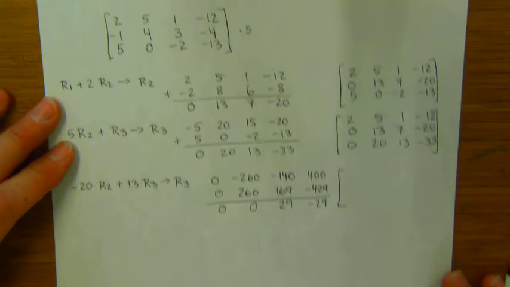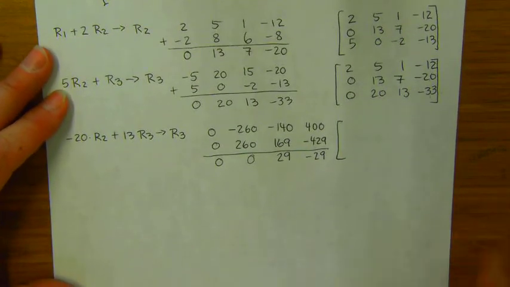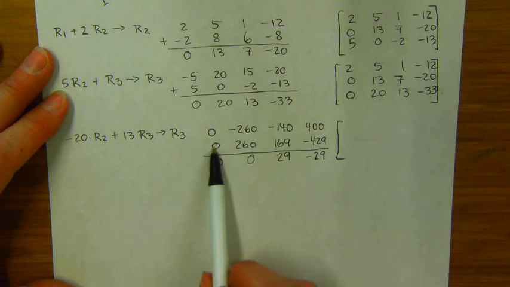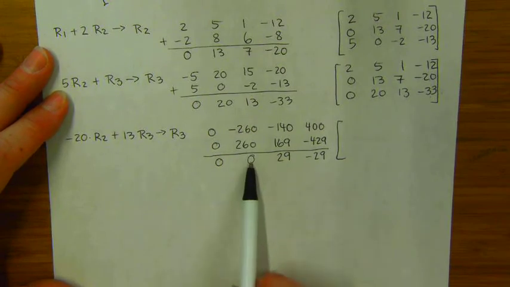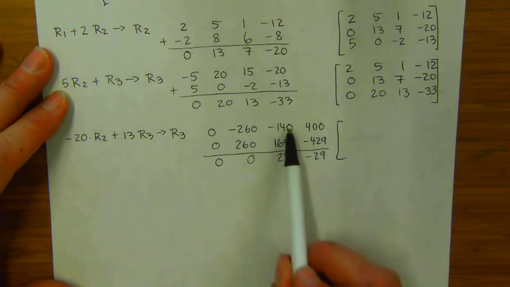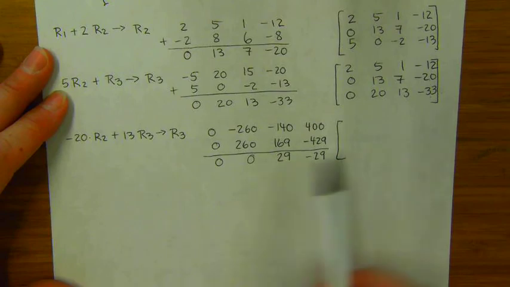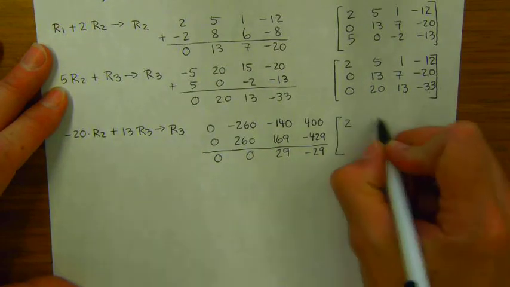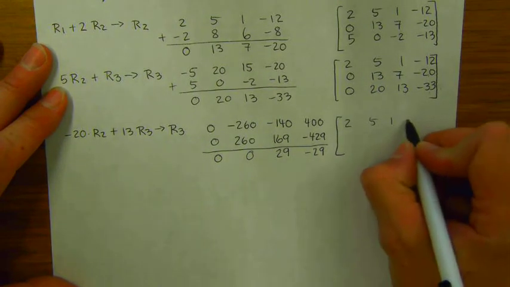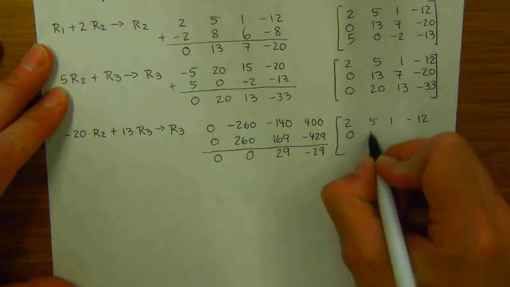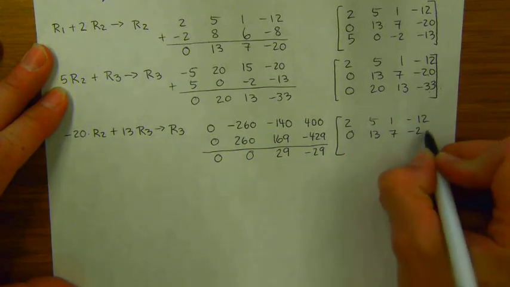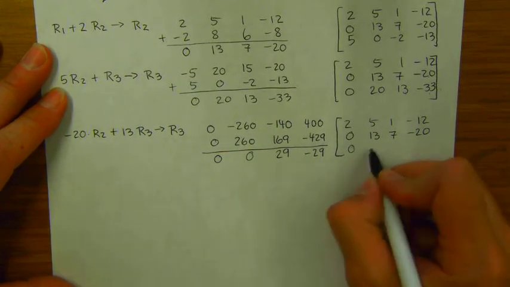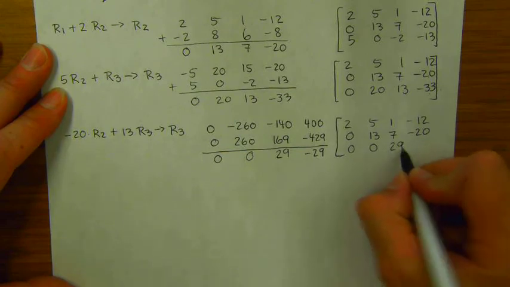When I add these two rows together, I already had eliminated my x. This eliminates my y. 169 minus 140 is 29, and 400 minus 429 is equal to negative 29. So I can now write down my matrix: 2, 5, 1, negative 12, 0, 13, 7, negative 20, and my last row is 0, 0, 29, negative 29.